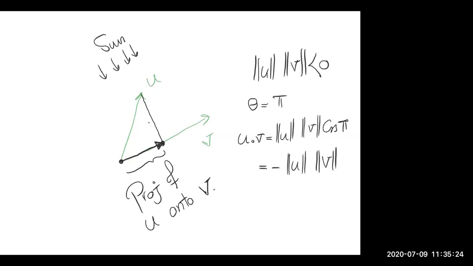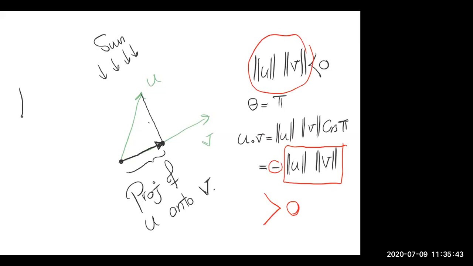But since that product itself is negative, multiplying by another negative number would make the whole thing positive. But that's not correct, simply because the lengths of v and u are positive numbers. The length of a vector is always a non-negative number. So the multiplication of two non-negative numbers will be non-negative. It can't be less than 0. This is not possible.